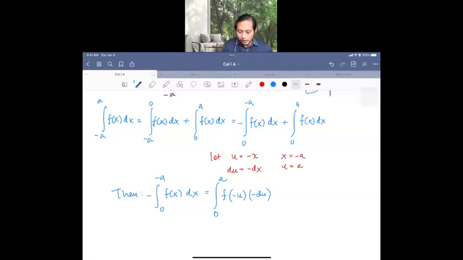So the negative will be cancelled with this. This will result in the integral from 0 to a of f of negative u du.